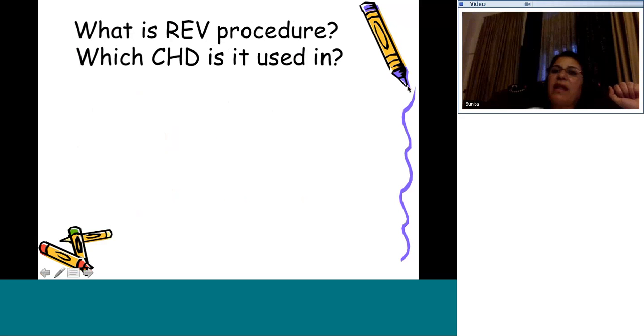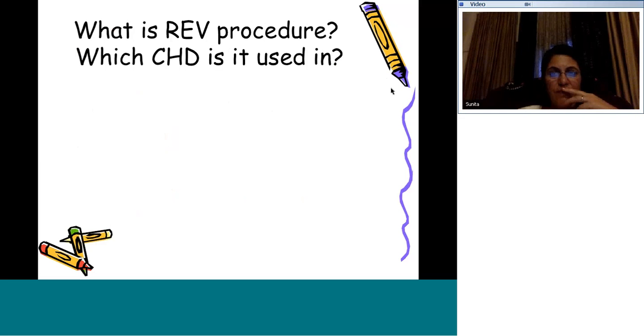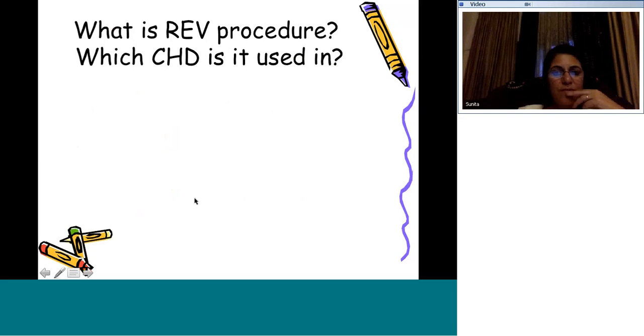Okay? What is REV procedure and which CHD is it used in? What is REV? What does it stand for? What is it? What is PRT? Ventricular and MPA connection using a patch.